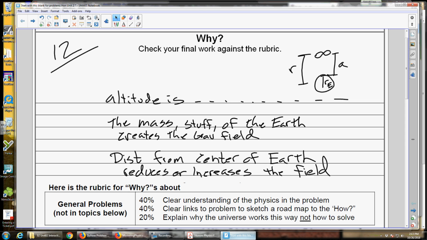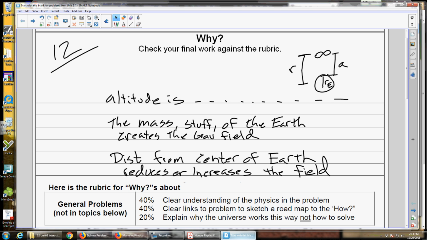Did I hit the rubric? How does this explain why the universe works? Well, I think that it explains that the mass is contributing to the gravitational field. I didn't say I'm going to plug in mass, which would be explaining how to solve it, rather than that there's a relationship there.